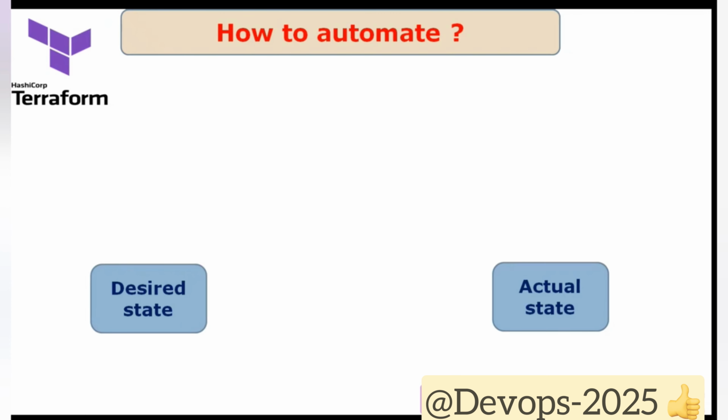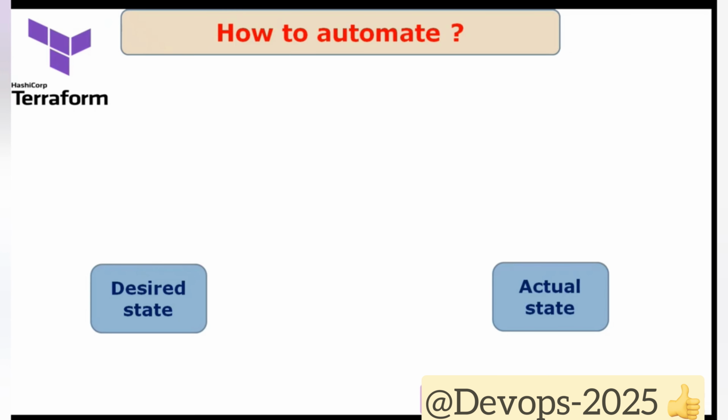So you tell what you want. Whereas how to create it, and how to make sure your desired state is actually available, this is what the automation will take care of. Whatever it may be. Suppose, for example, I want two load balancers.